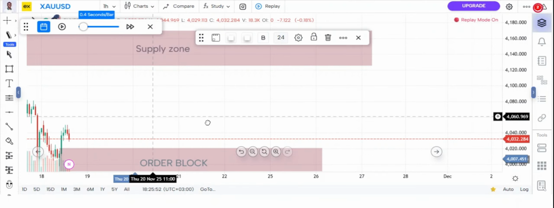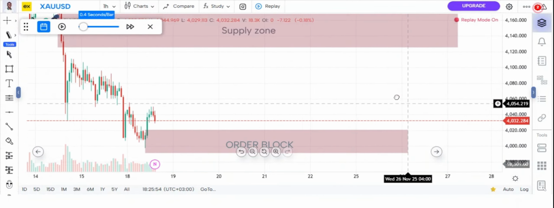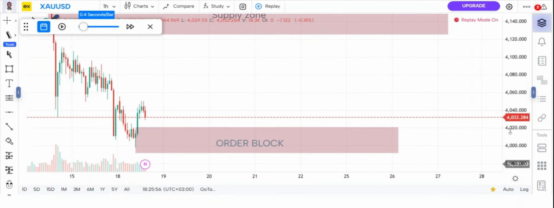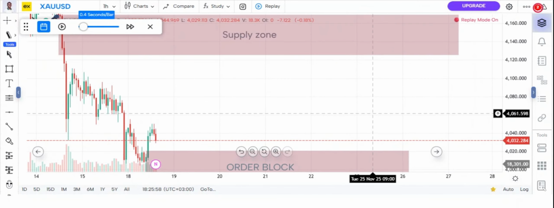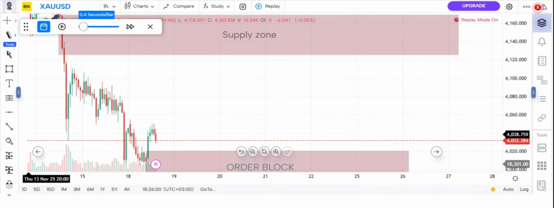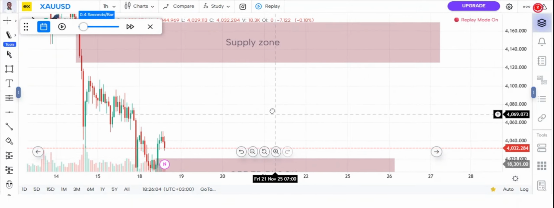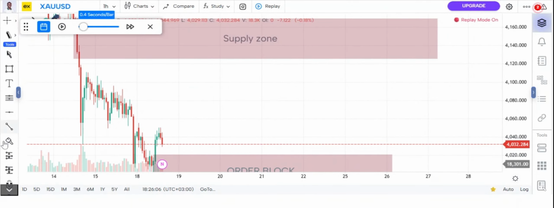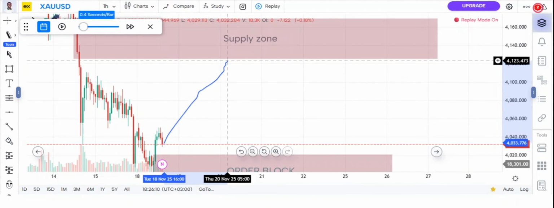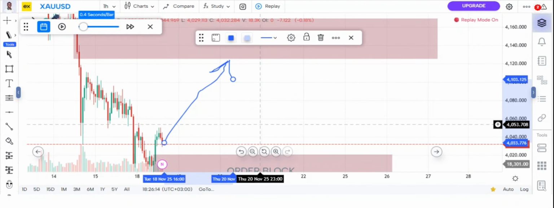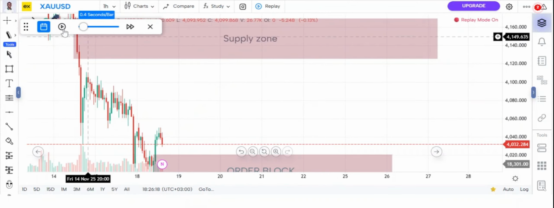Now we have to see how the market is going to play. Right now the market is on a bearish trend, so we want to see how it's going to do. Our anticipation is that the market has to go from here to here, exactly there, then hit the supply, then come back to the order block. Let's see how that plays out.